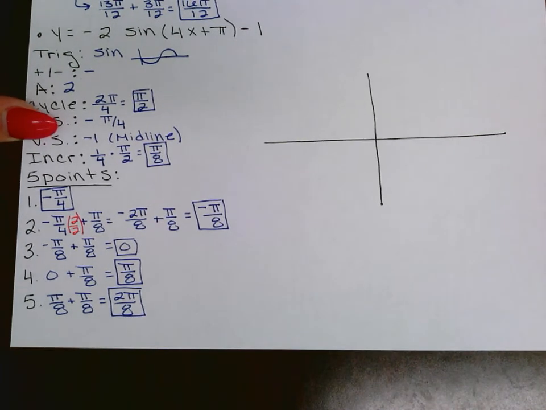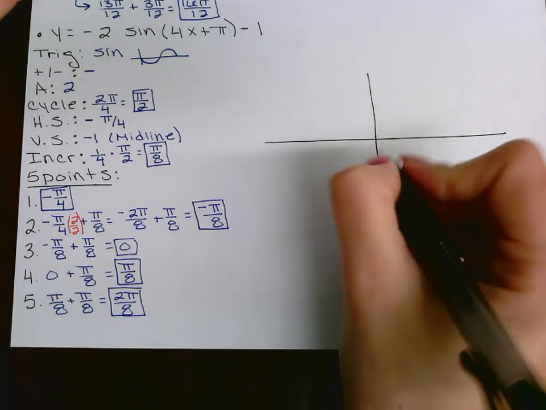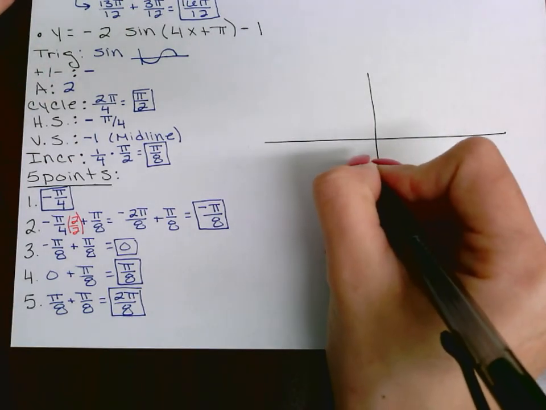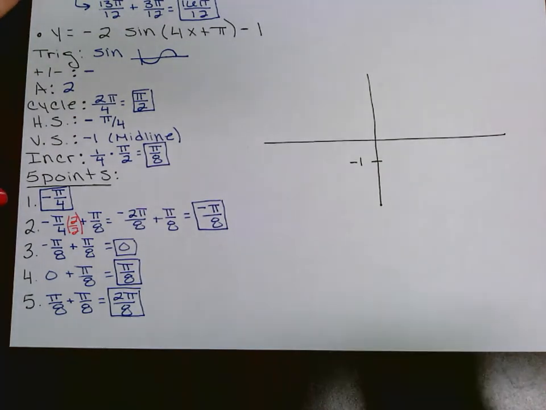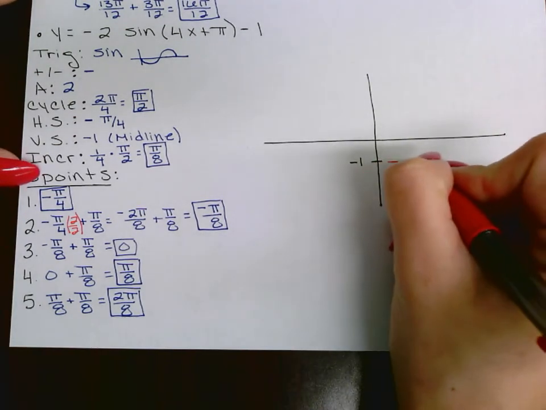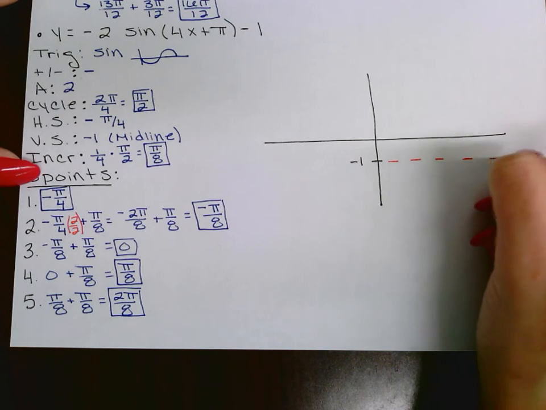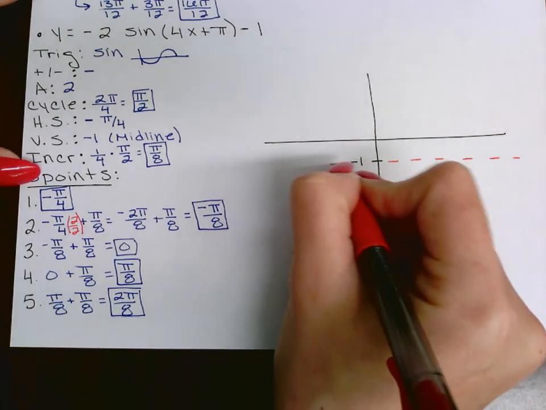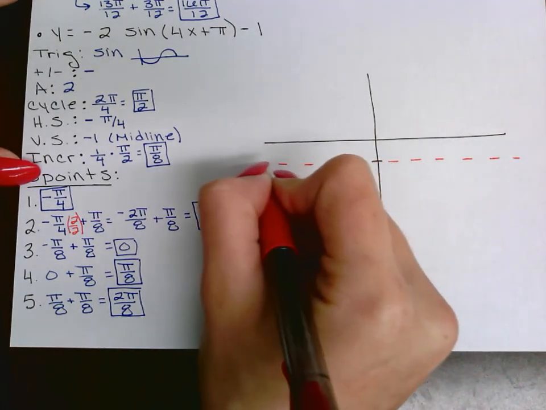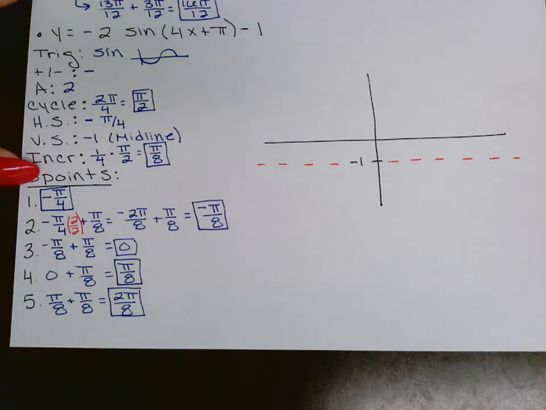So according to the list on the chart that I showed you last video, the first thing you draw is your midline. My midline is at negative 1, okay? So if this is negative 1, here is where I'm going to draw my midline. This is like my new x-axis. Now, my amplitude is 2. Be very careful here. That doesn't mean I go up to 2 and down to negative 2.